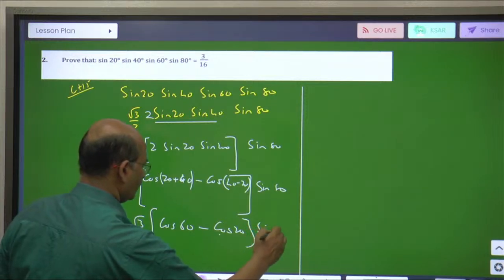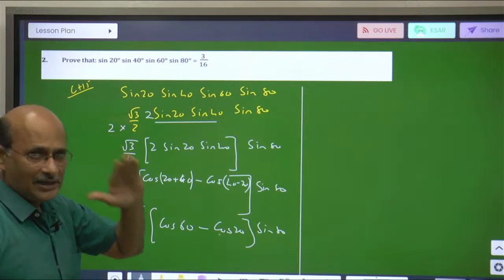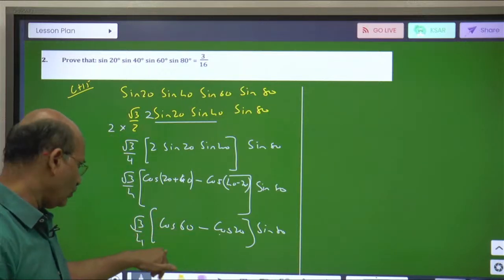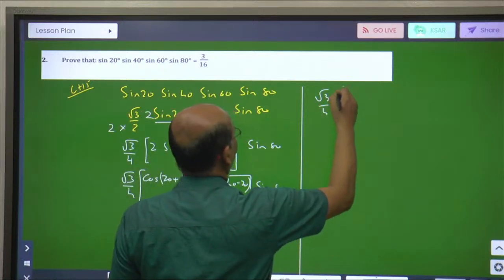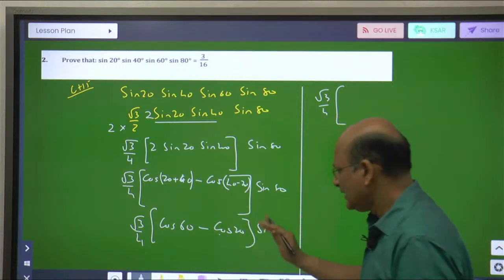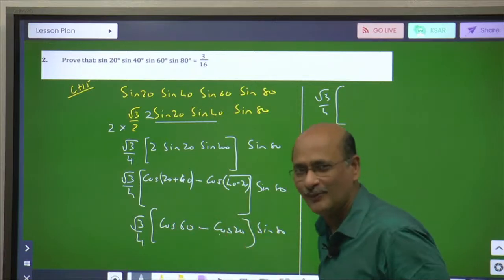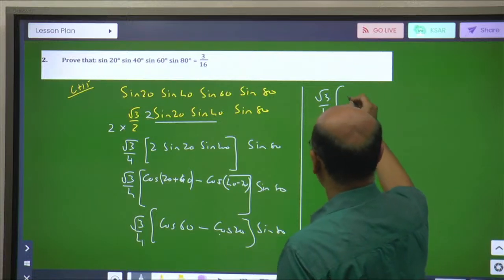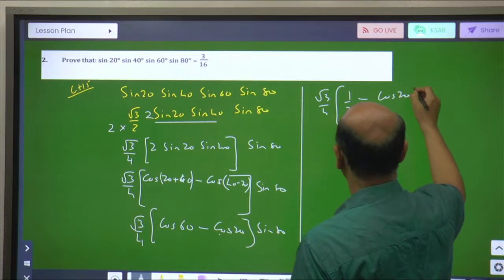Now hold on, again look at the standard values of angle: cos 60 is nothing but 1 by 2, right? So I am writing this here: root 3 upon 4, and whatever standard angles, put that value. The point of doing this is simplifying. Whatever I can take out as a trigonometric ratio should be my preference. So I just took out cos 60, which is 1 by 2, minus cos 20 and sine 80.